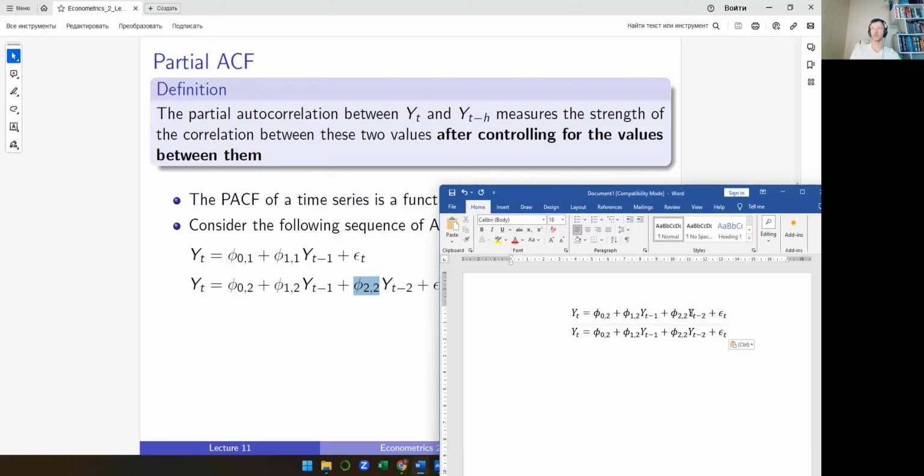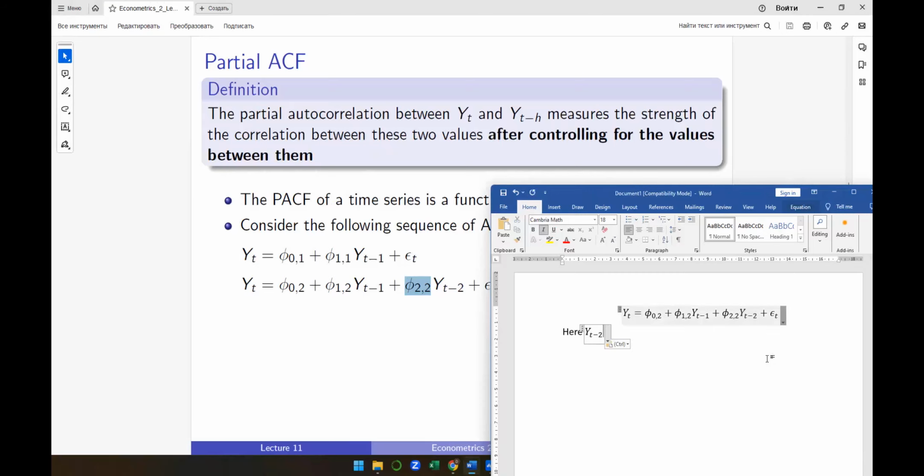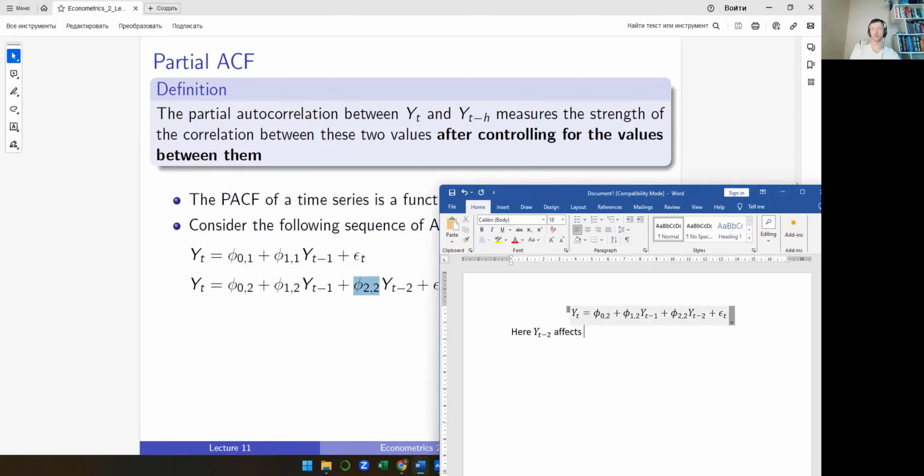So again, here yt minus 2 affects yt with the strength of phi 2,2.